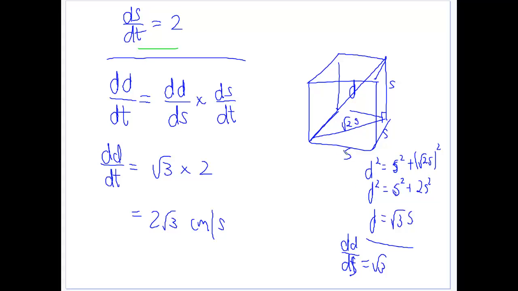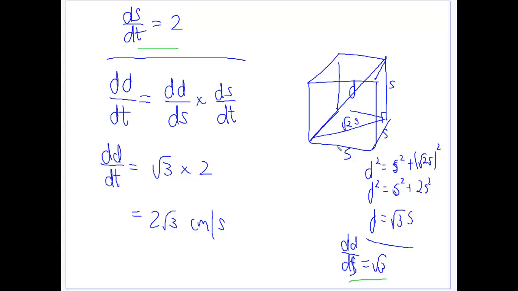So thinking about our cube, we've got s times s on the bottom, which gives us the diagonal of the base, which would be root 2 s, with the height being s as well. Again, we can apply Pythagoras' theorem to get an expression for D as root 3 times s. So there's our calculations. We get root 3 s, so the derivative of the diagonal with respect to s would give us root 3.